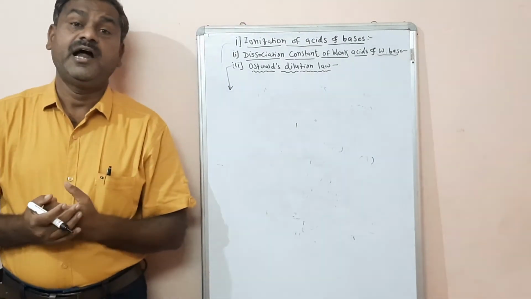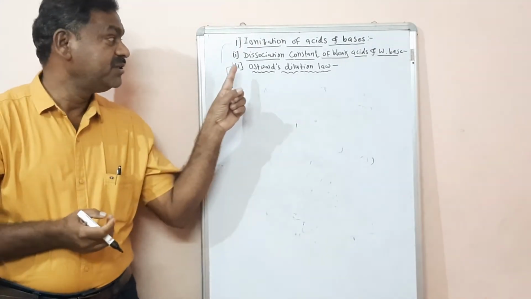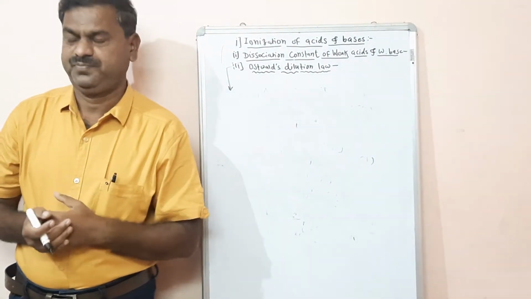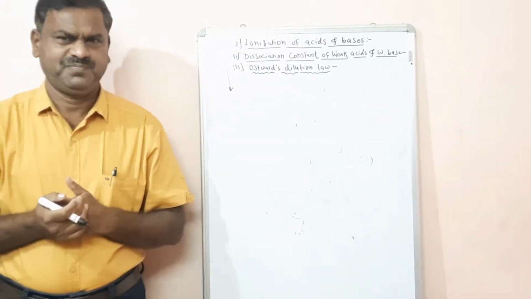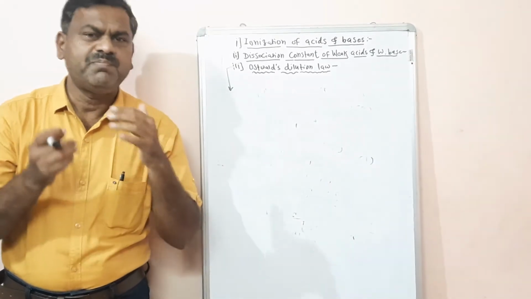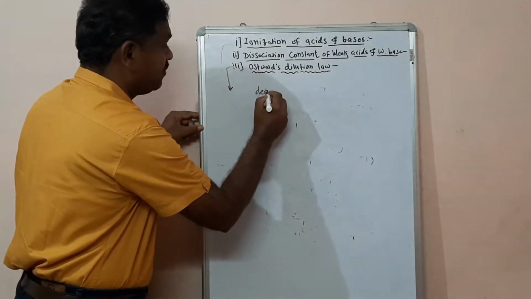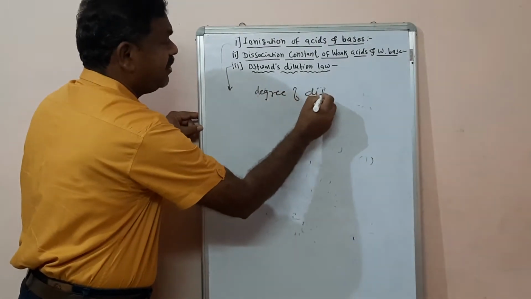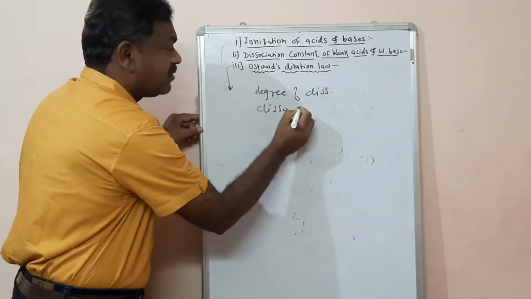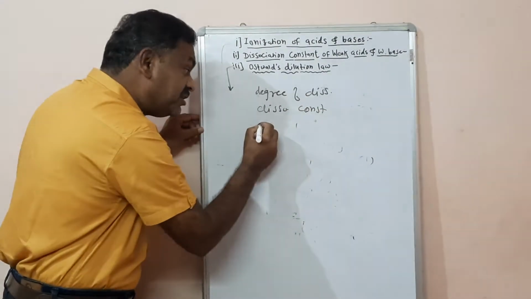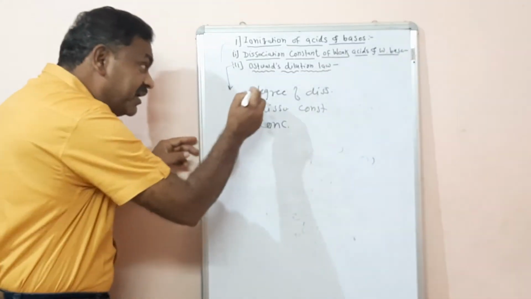Ostwald formulated this law in 1888. The Ostwald dilution law is an expression of the relationship between the degree of dissociation, the dissociation constant and the concentration of the solution of the electrolyte.